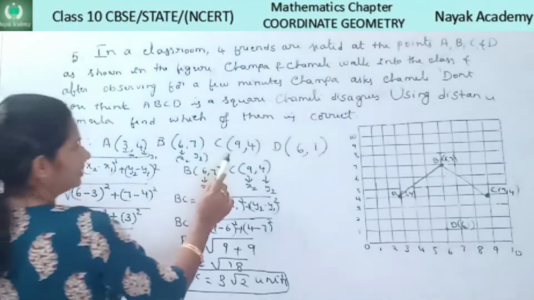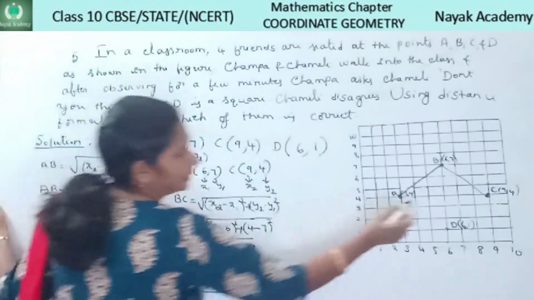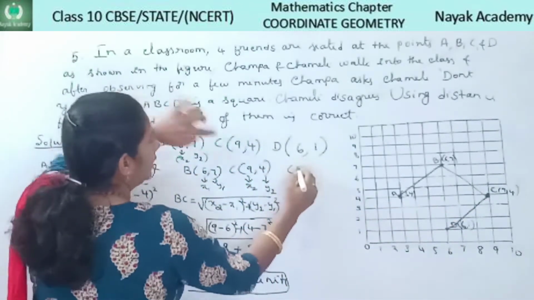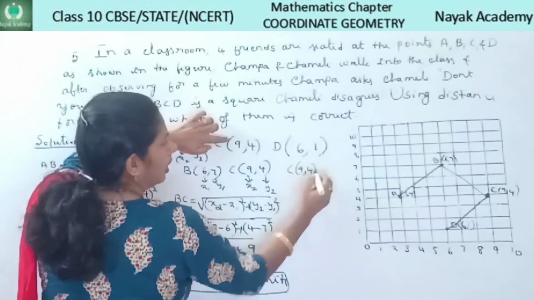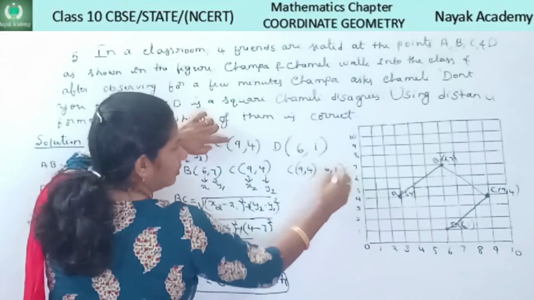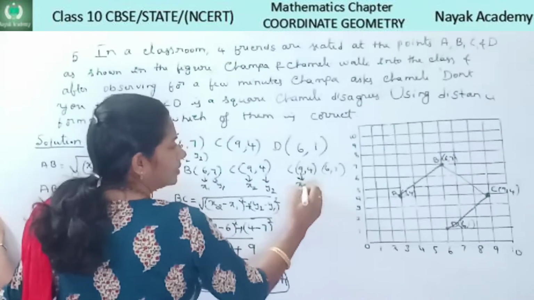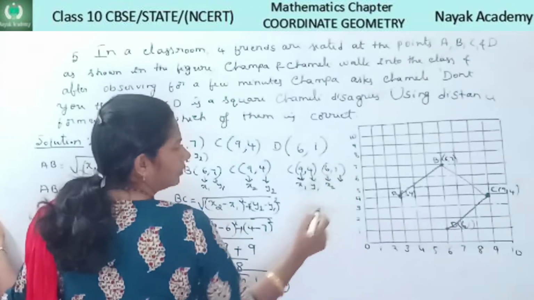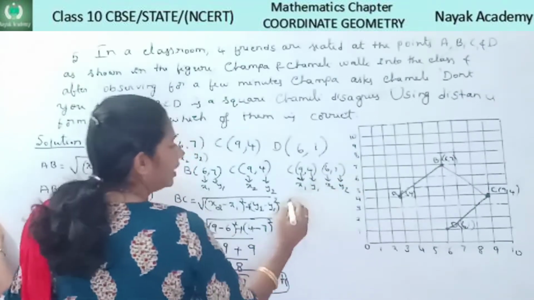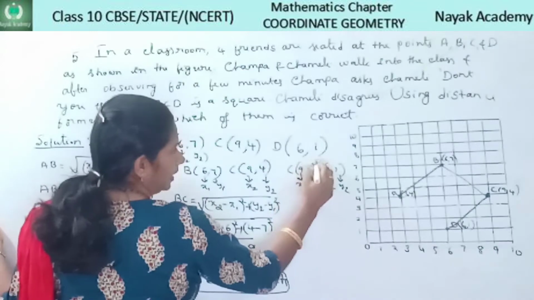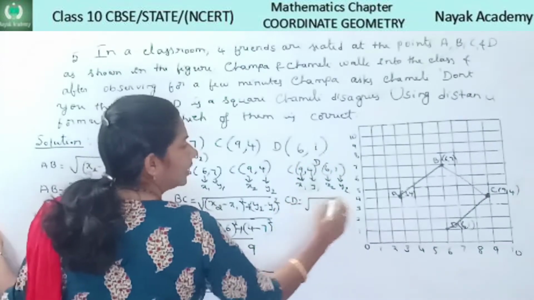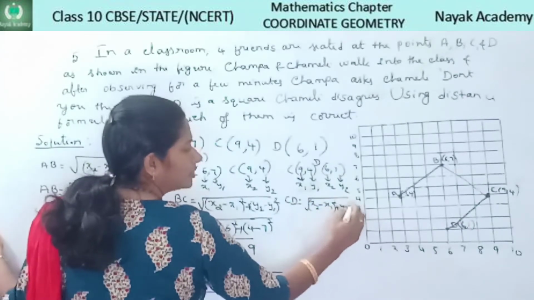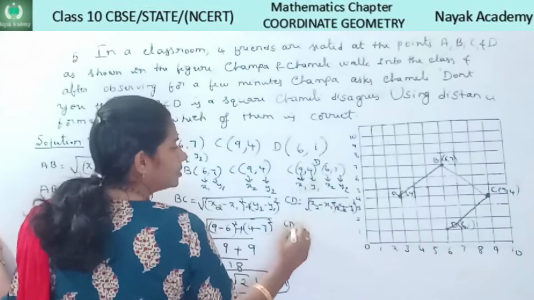Similarly, let us find the distance between the points C and D. C coordinates are 9, 4 and D coordinates are 6, 1. 9 as x1, 4 as y1, 6 as x2 and 1 as y2. Apply the formula CD equal to, write the formula first, root of x2 minus x1 whole square plus y2 minus y1 whole square. Let us substitute the values.